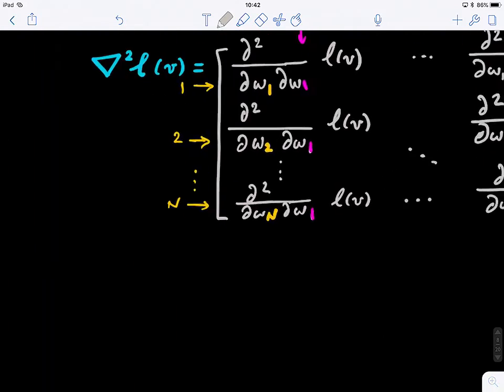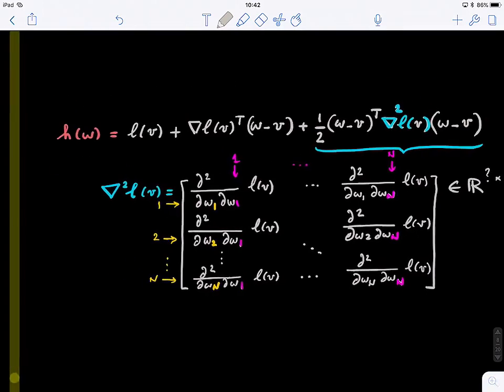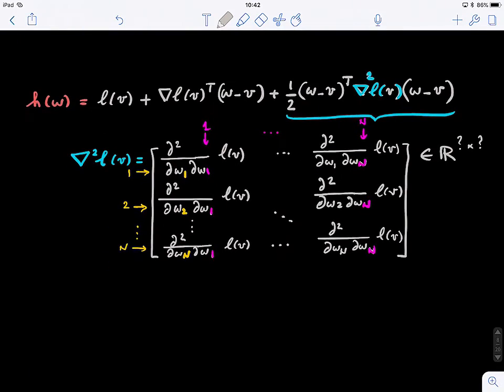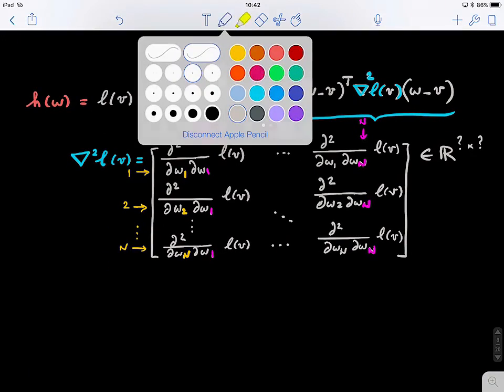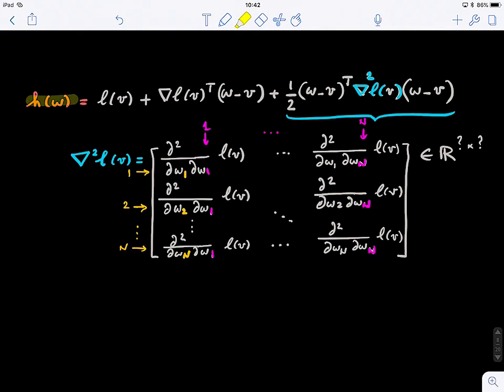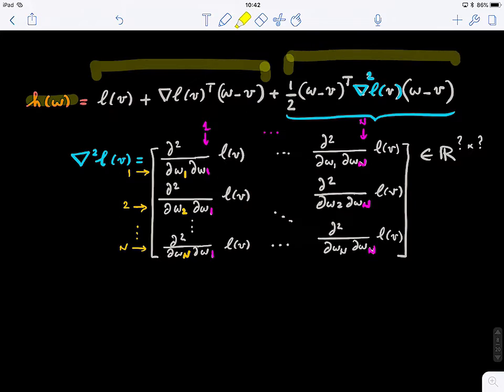Now in the second order approximation of our function h of omega, we have exactly the same first order plus the second order. What does the second order remind you of, guys? It reminds you of the Mahalanobis distance, right?